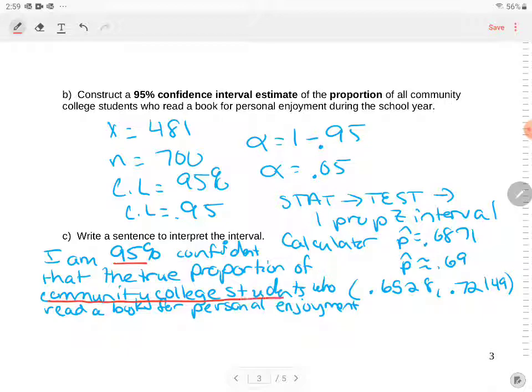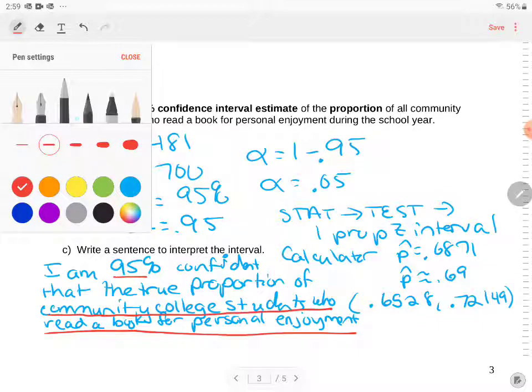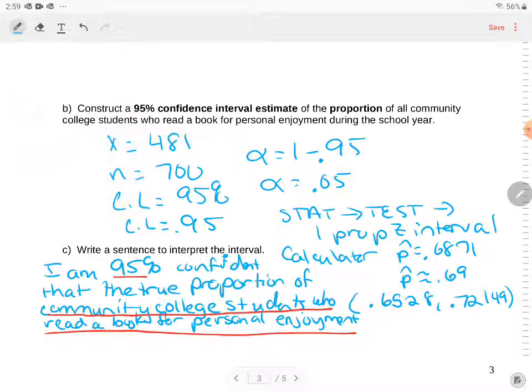It'll be pretty long. It's what you're discussing or given in your problem. Is between 0.6528 and 0.72149.